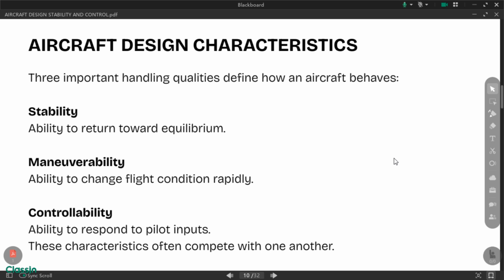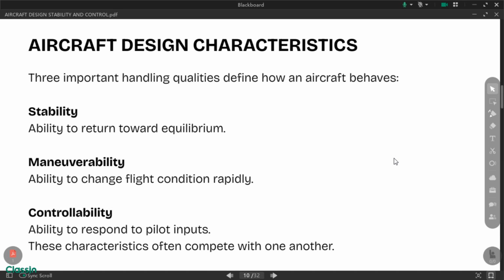Aircraft design characteristics. Take note na for every aircraft, no, they would feel very different to fly. For example, you have a Cessna trainer, meron kayong Airbus A320, meron kayong F-16.